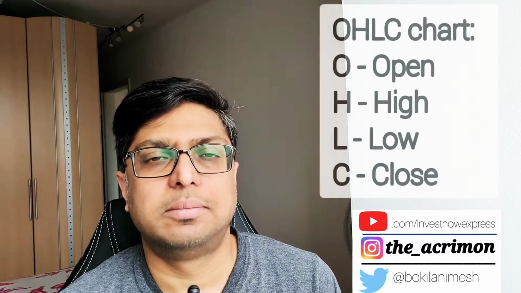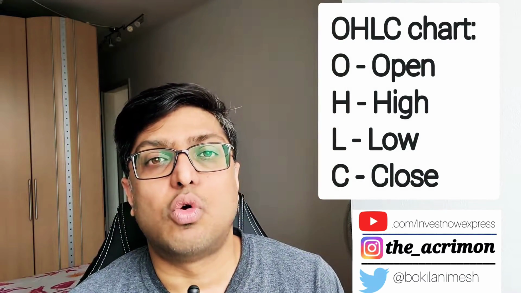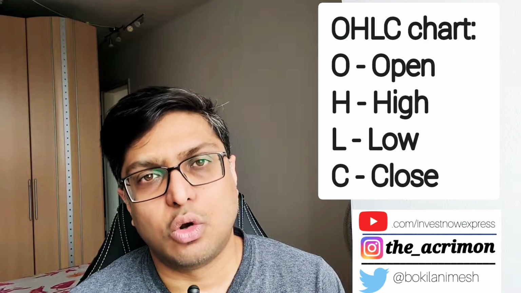So there are four possibilities during the working hours of a day, right? High, low, open price, close price. These are the 4 points that we concentrate on for the day, and we plot it on a graph known as OHLC. OHLC stands for open, high, low, close.